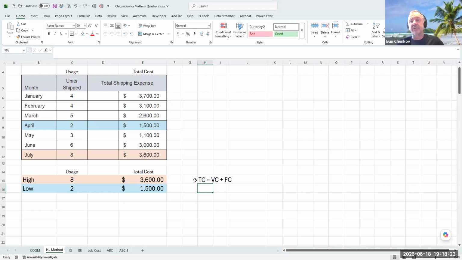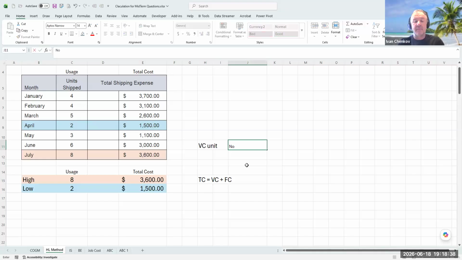Can I calculate the fixed cost? What do I know about the variable cost? Variable cost per unit doesn't change, and fixed cost in total doesn't change.